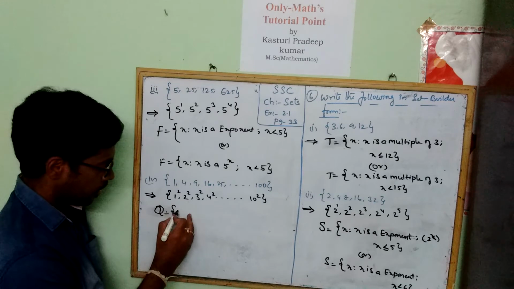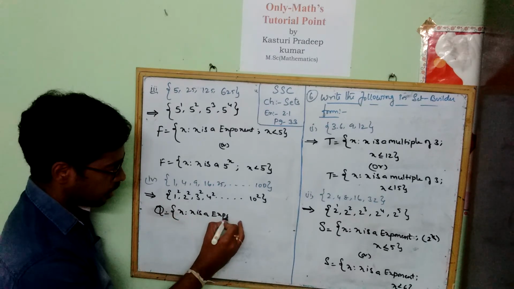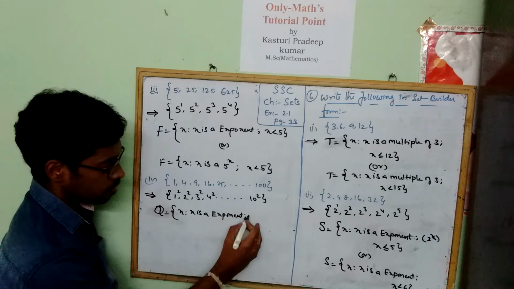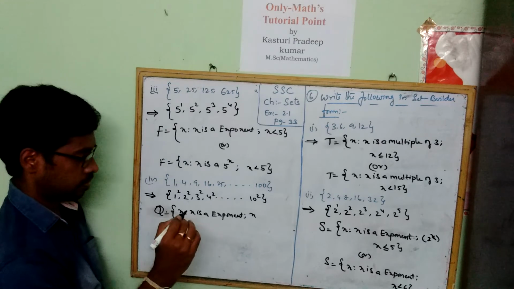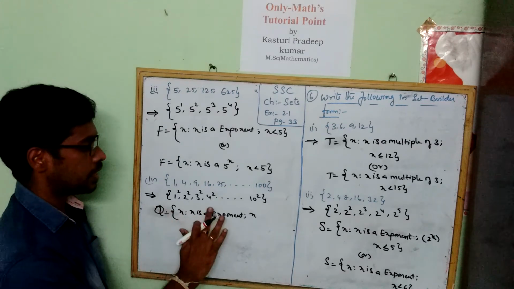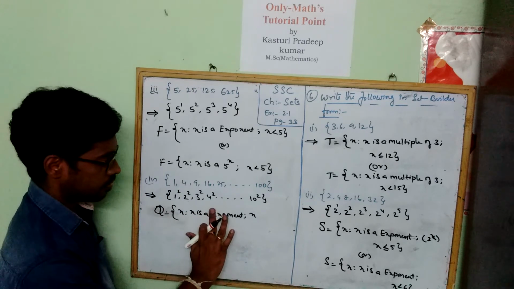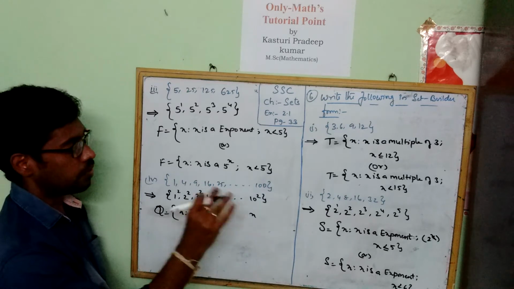x colon x is an exponent, and here x is the exponent or the base? Here x is a base, guys, not exponent. In the previous sum we dealt with the exponent, right?